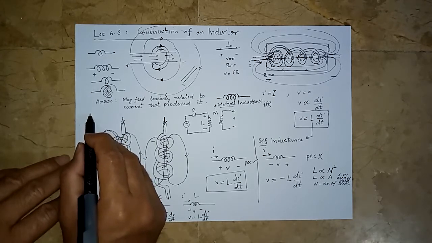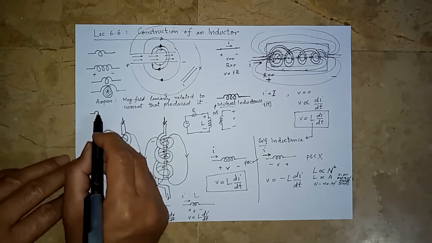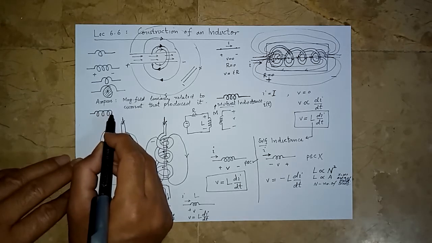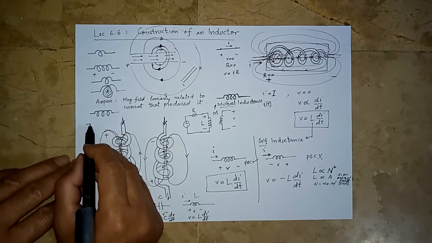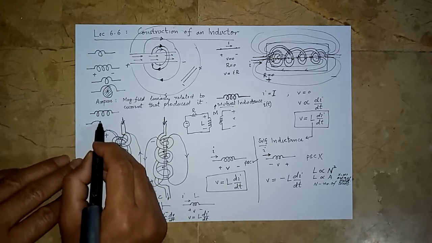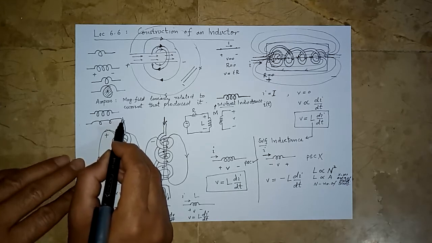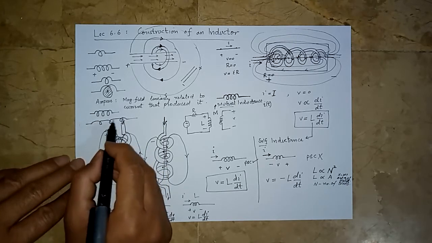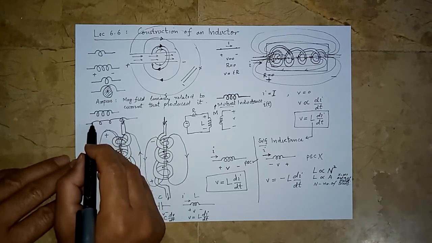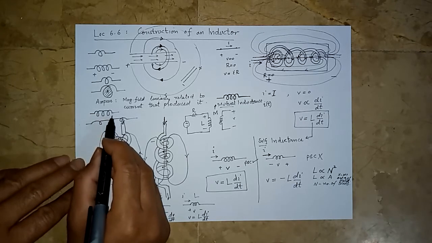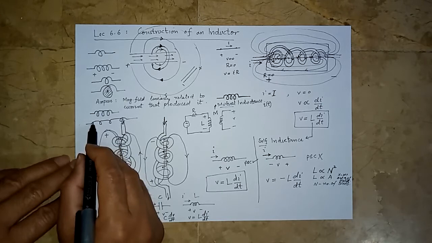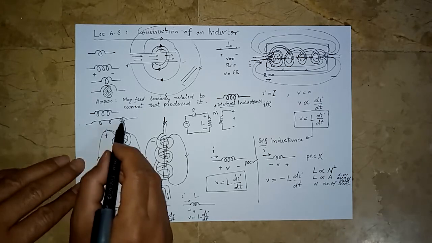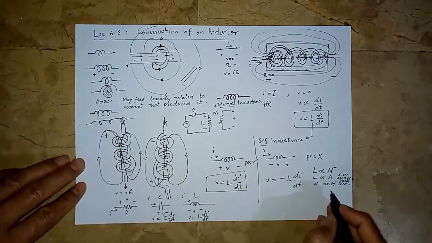The last thing is the length. Suppose we have an equal number of turns, and we have one inductor like this and the other inductor like this. We have the same cross-sectional area of the helix as this one, and here the number of turns is 3, here the number of turns is 3 as well. Obviously we can see that the longer the inductor, the longer the length, the lesser will be the inductance.